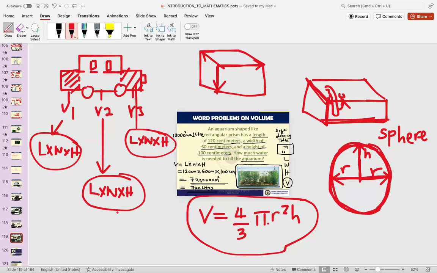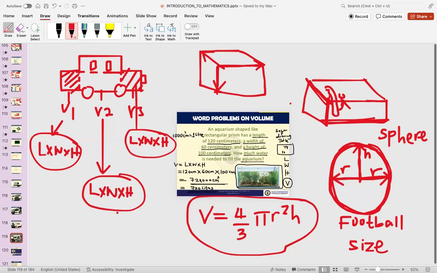So this is what they use in designing anything that is circular. Example, football. They don't just manufacture a football. If they want to manufacture a football of a certain size, they tell the computer to give the R and the H so it can be used to design the football.